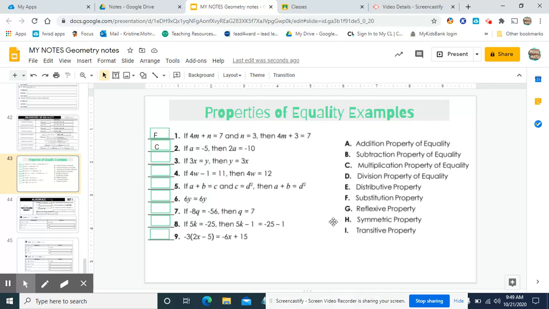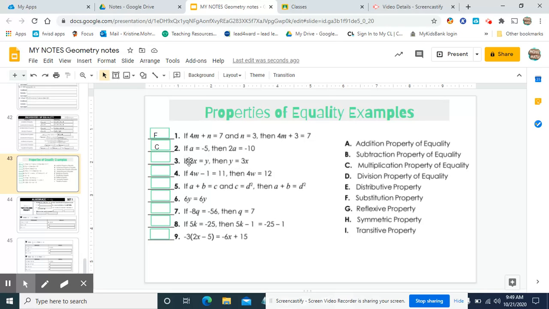Number 3, if 3x equals y, then y equals 3x. Let me scroll down here. Okay. So we have 3x equals y and y equals 3x. So we notice, okay, what happened from here to get to the then statement?